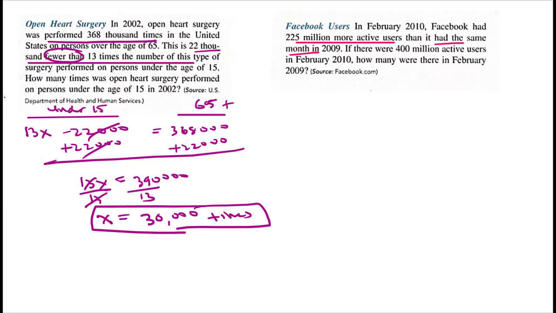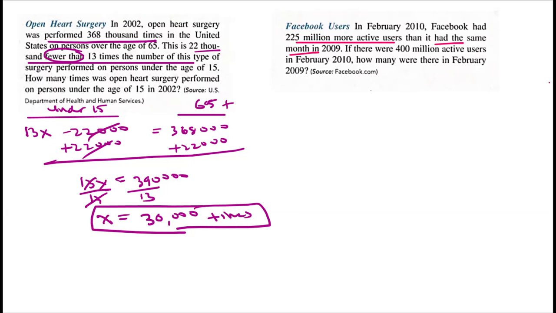Okay. So more active users. So how can we represent that? 225 million, not just 225. 225 million more active users.